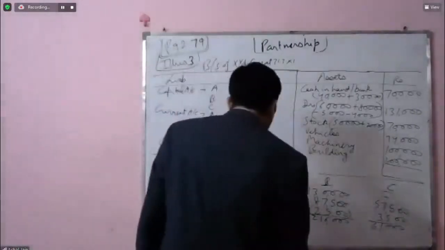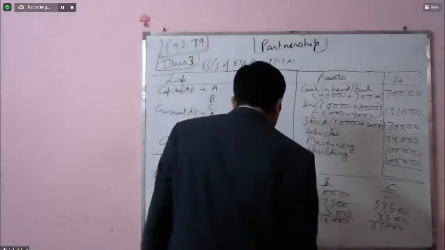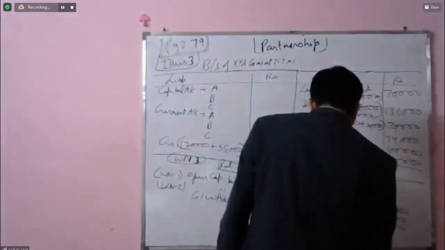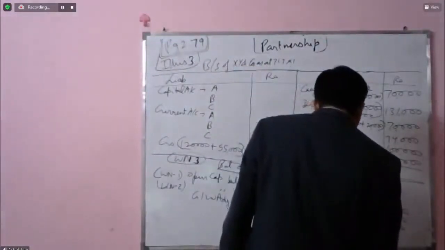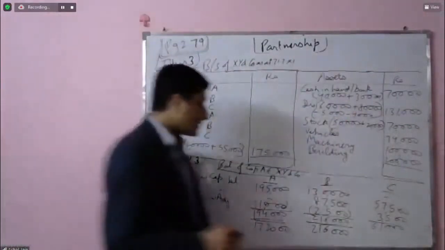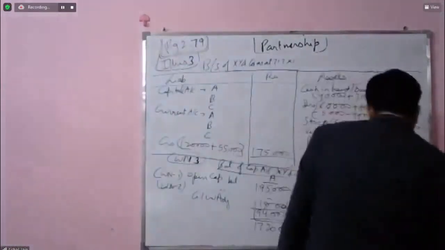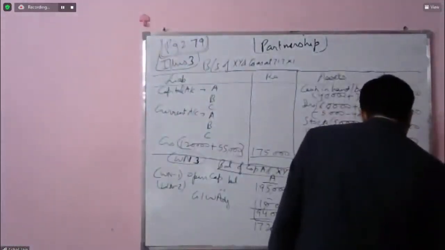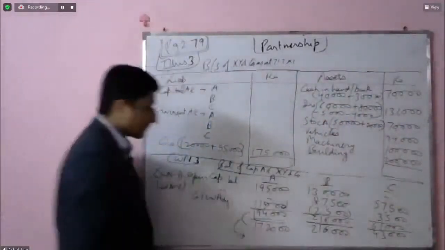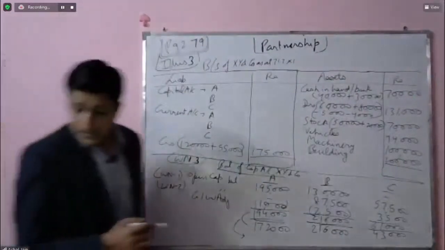1,72,000 will be the capital of A. This will of course be 2,16,000 because this was kept as the base, and 43,000 should be the capital of C. Now the differences between these will be the shortage or excess.